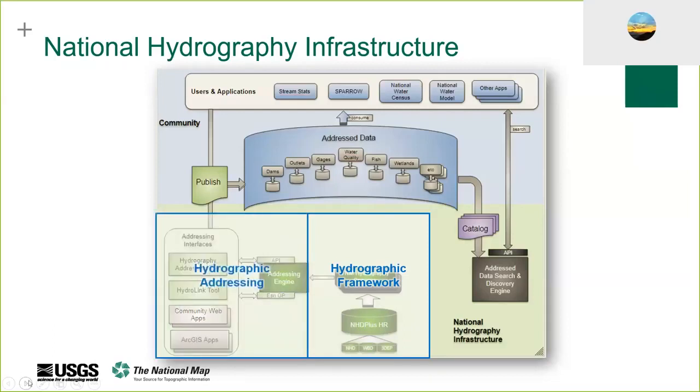So that's hydrographic addressing. Next, once you've addressed your data or your points of interest to the hydrographic network, you can publish your data as a web feature service. And the concept here is that out in the community, everybody still maintains control of their own data set. They're not making copies.